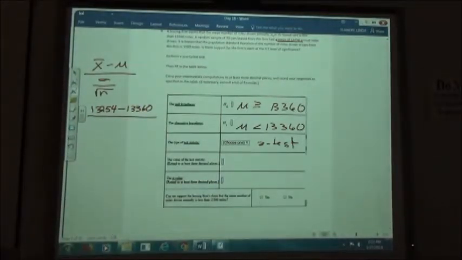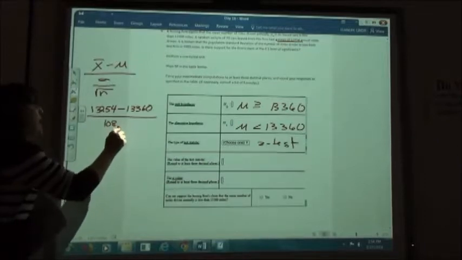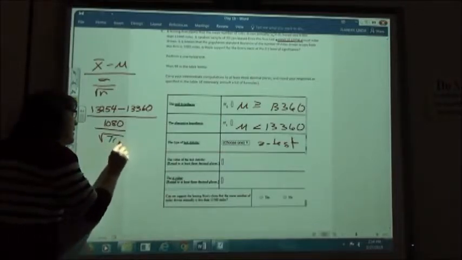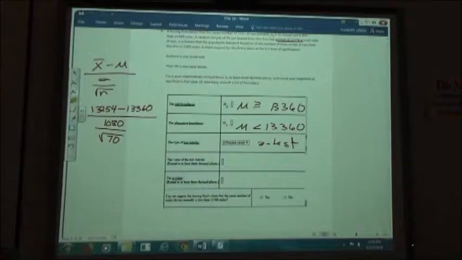My standard deviation in this problem is 1,080 over the square root of n. N is how many things they sampled, which was 70. That is what I'm going to put into the calculator in order to find the value of my test statistic.